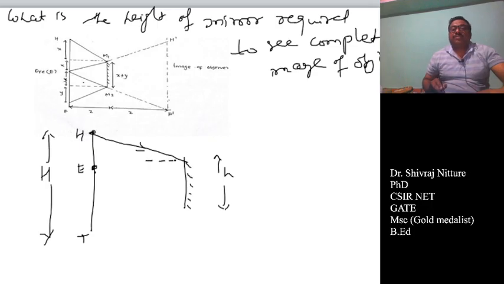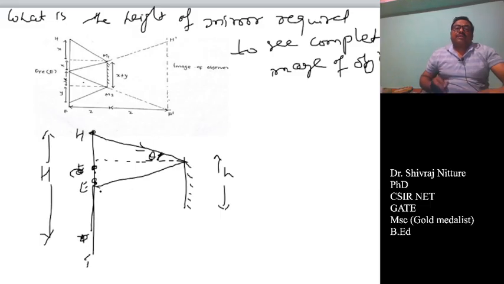It reflects from this point with this angle theta, and the other angle is also equal. Then the ray coming from the toe should fall at the last point of the mirror and reflect along here.